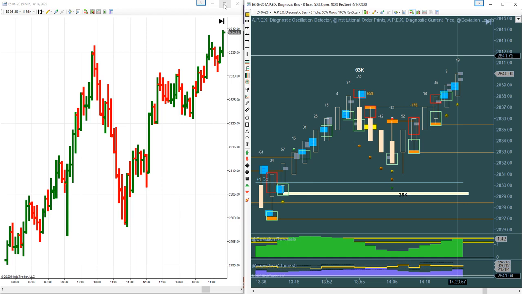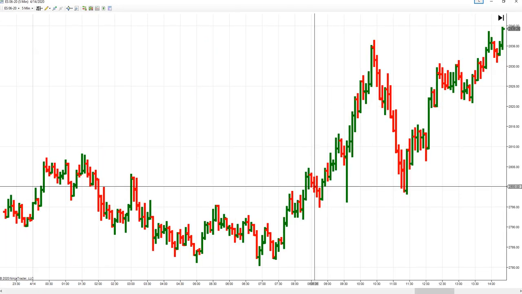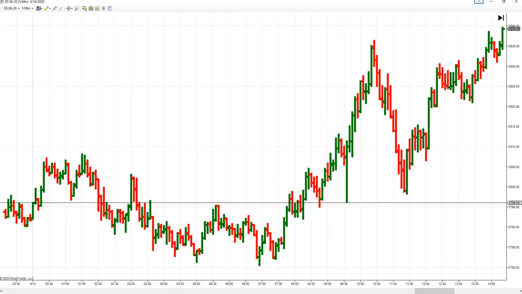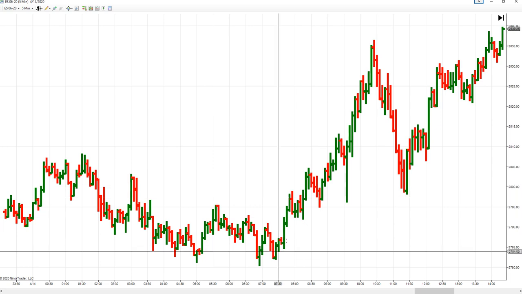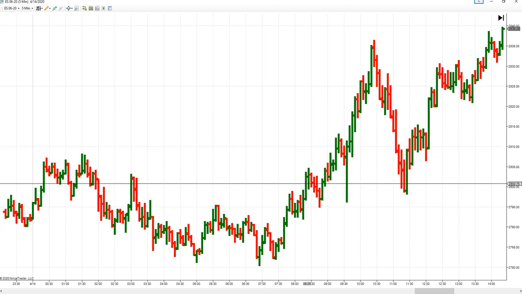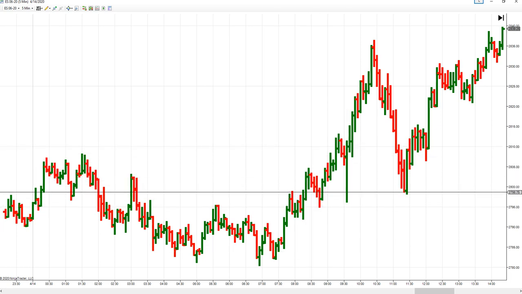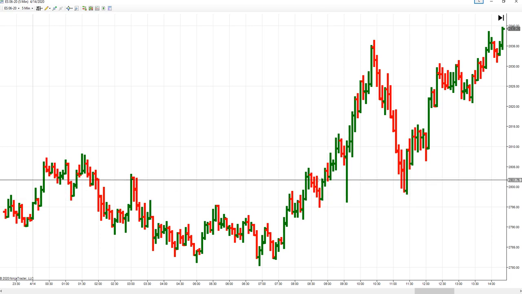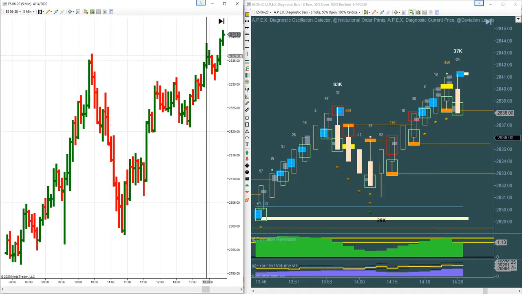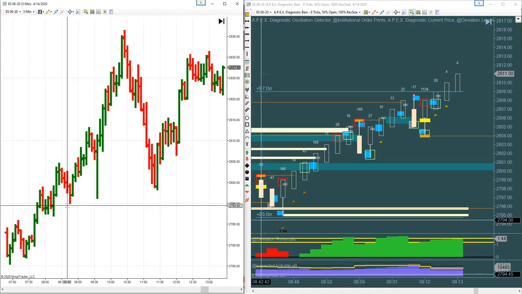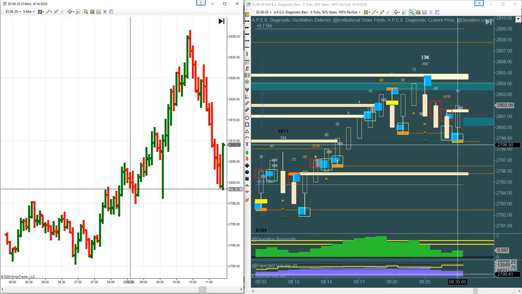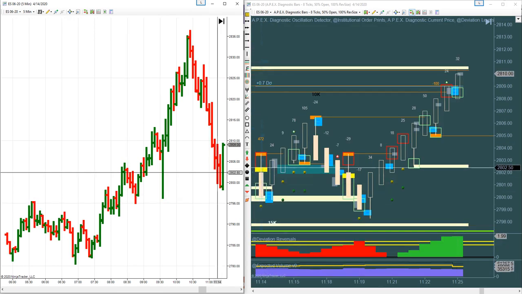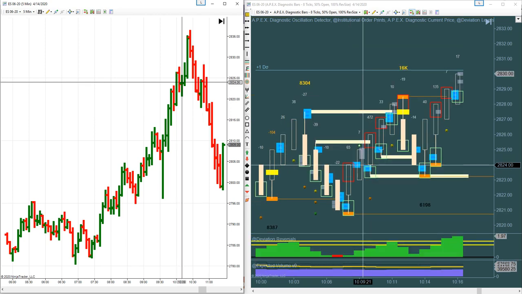If all you had was this chart and you're looking around in this area, I guess you can see that overall the market's trending, but where is it pulling back? What is it doing? What is really going on? And you don't have a clear picture. You just don't.